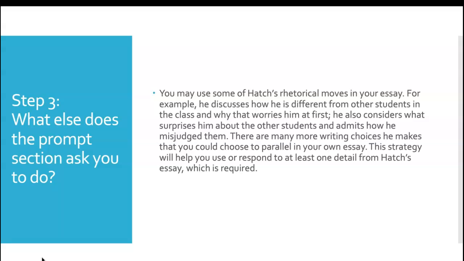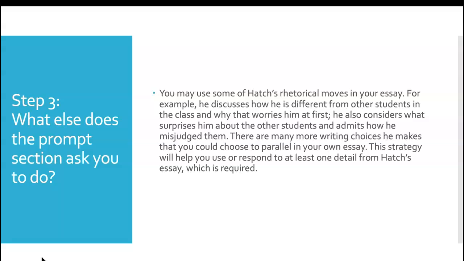But one of the things we learned from reading is how to put writing together that is successful. So if we think about things that Hatch does when he tells stories and when he doesn't, these are all techniques he uses to sort of win us to his side, to help us also understand his viewpoint, right?